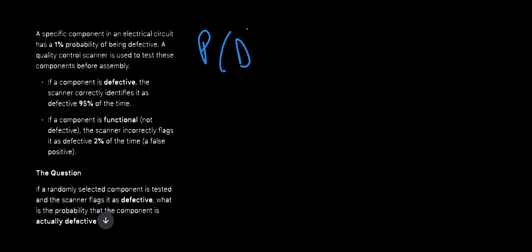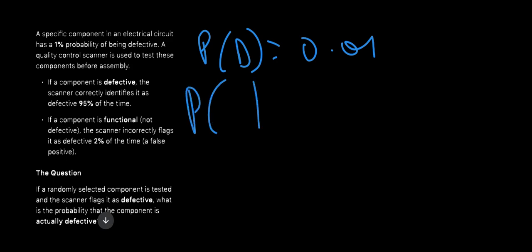Probability of being defective is 1%. Now a quality control scanner is used to test this component before assembly. If a component is defective, the scanner correctly identifies it as defective 95% of the time.